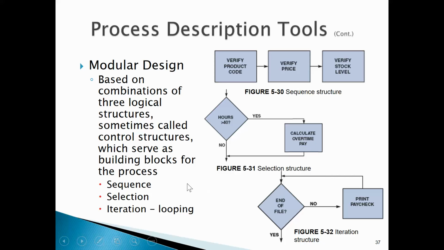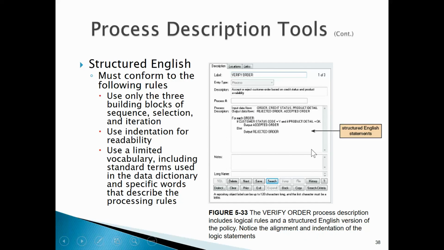So we would sequence through, end of file. Well, we're doing something, we've hit the end of file, if we haven't hit the end of file, print the paycheck. When we hit the end of file, yes, stop printing paychecks, basically. Simplifying it, but you get the idea.